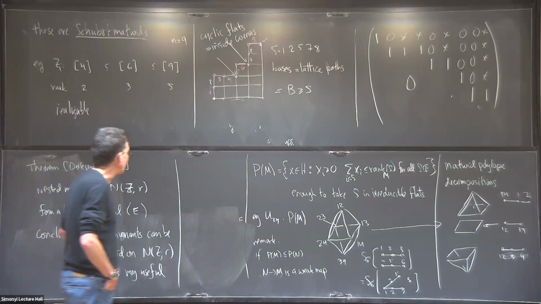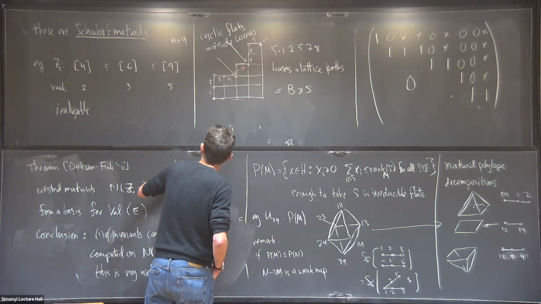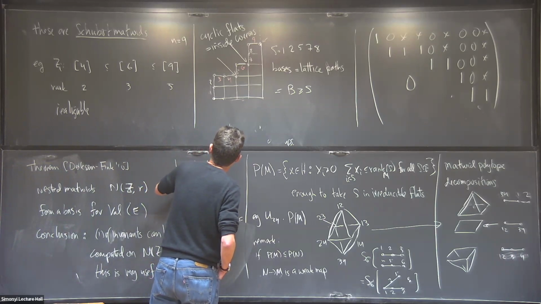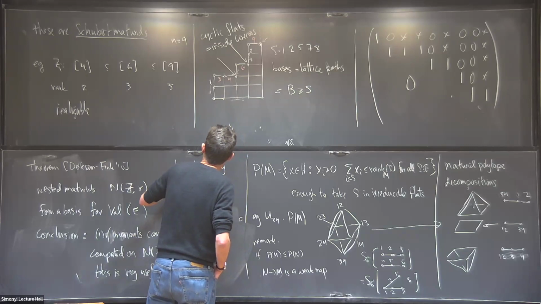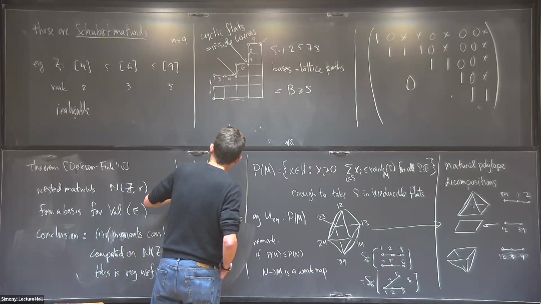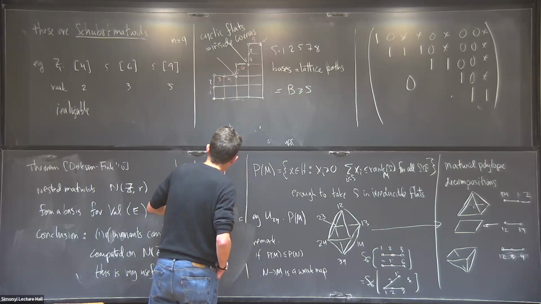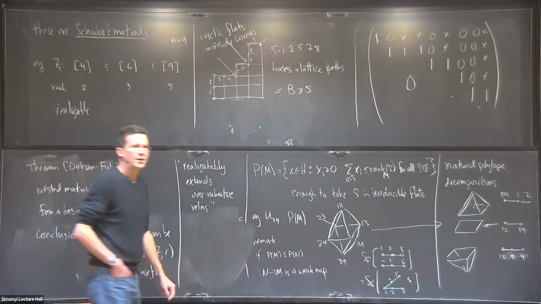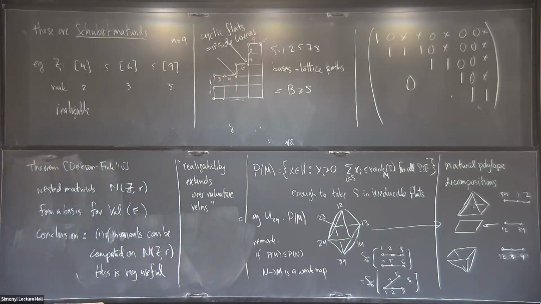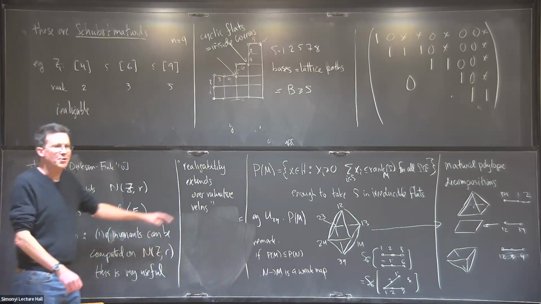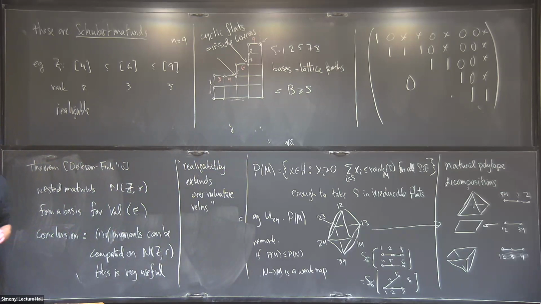You can also, if you had some property of matroids which was true for realizable matroids for geometric reasons, and it was the kind of property that went through on valuative relations, then you could extend your property to all matroids.